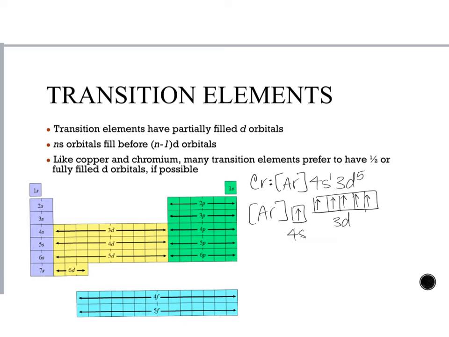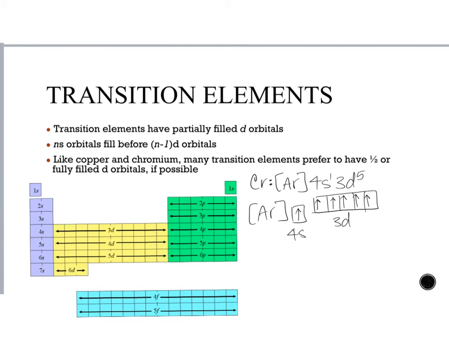However, if the d sublevel is one electron away from having a half-filled or a fully filled d sublevel, that means if it can have 5 electrons or 10, and it's just one shy, it's missing just 1 electron from having 5 or 10, it'll actually take an electron from the corresponding s sublevel and add it to the d sublevel. So that's why instead of having 4s2, you have 4s1. What happened is the d sublevel took that electron away.